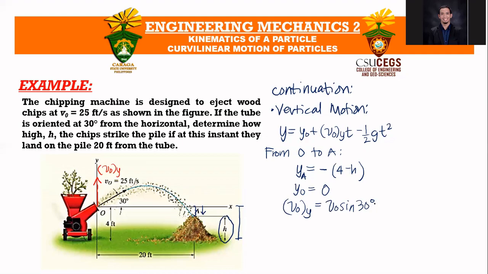So ang trigonometric function na gamiton is sine. So that would be 25 times sine 30 degrees. And that would be equal to 12.5 feet per second.